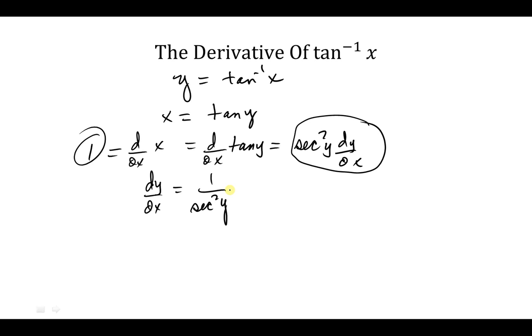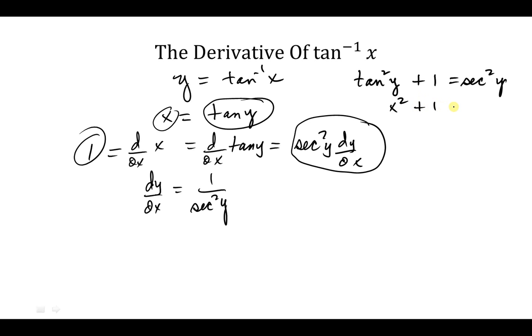Now we would like to get this in terms of x. Here we have to make use of another well-known formula or identity from pre-calculus. Tangent squared of y plus 1 is equal to secant squared of y. And because tangent of y is x, tangent squared of y is x squared. So we get x squared plus 1 is equal to secant squared of y.